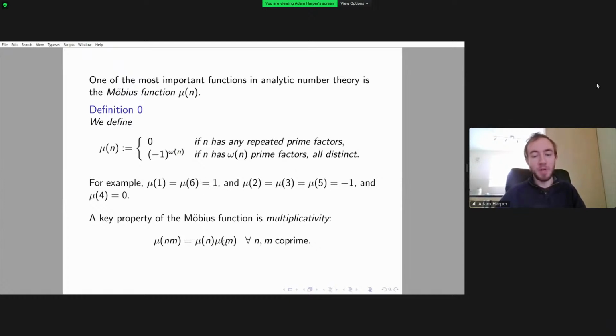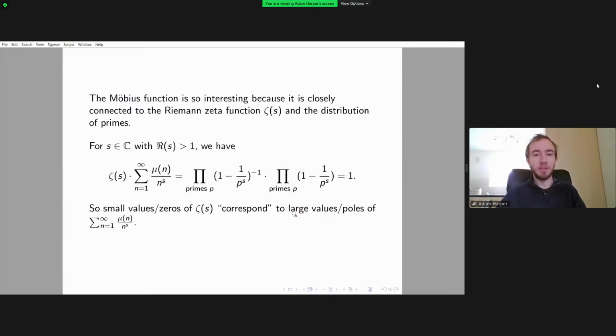And the total number of prime factors, where you just add up the total number of prime factors of n and of m to get the number of prime factors of n times m. So the parity thing works out. So this is a nice multiplicative function that takes the values 1 and minus 1 and 0 sometimes. And it's really interesting. It's very highly studied.